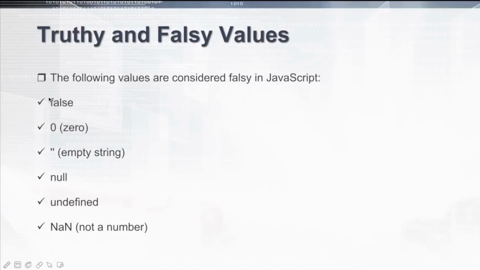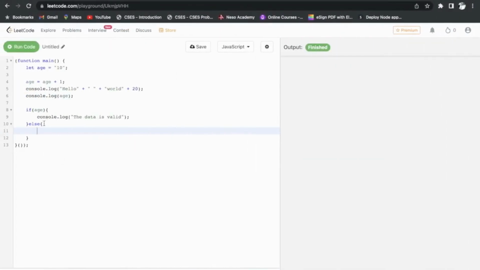Now, mostly if data is passed in any of these formats, it's something you are not expecting, right? So if you convert to a Boolean context and it's false, then it means the data is not valid. So we say console.log, using single quotes, the data is not valid, like this.